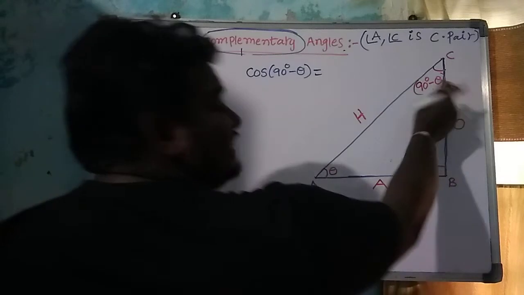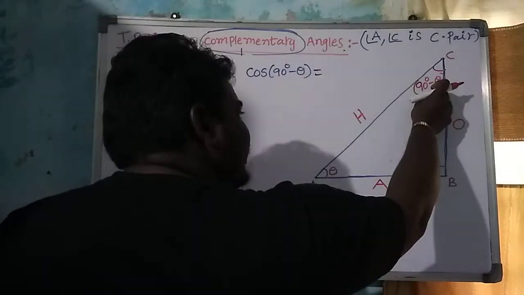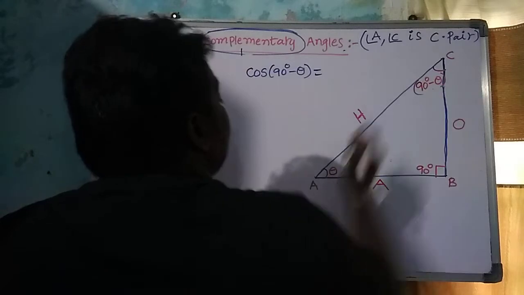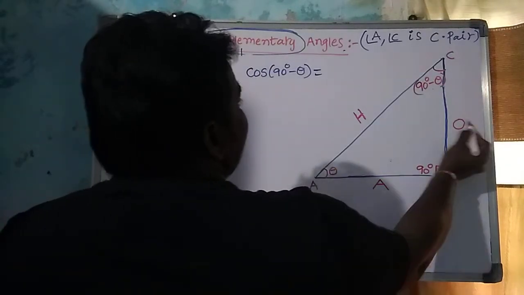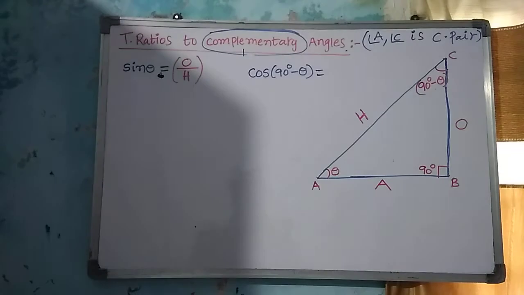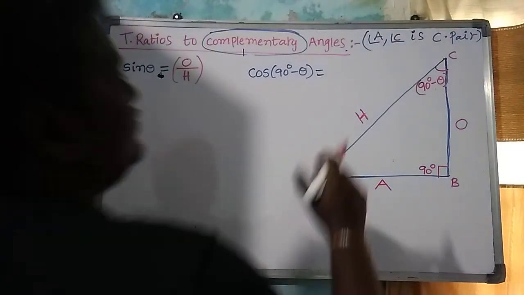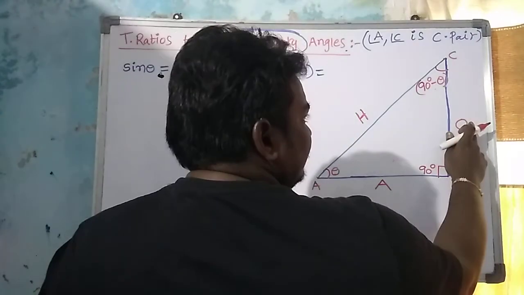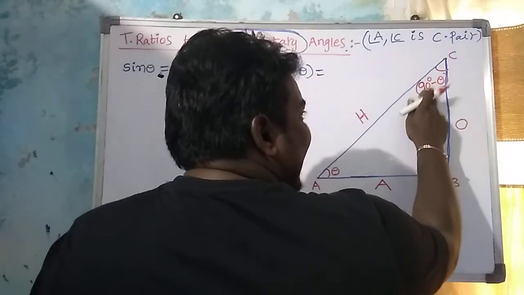Cos 90 minus theta means adjacent side by hypotenuse. With respect to theta this is the opposite side; with respect to 90 minus theta, it is the adjacent side.